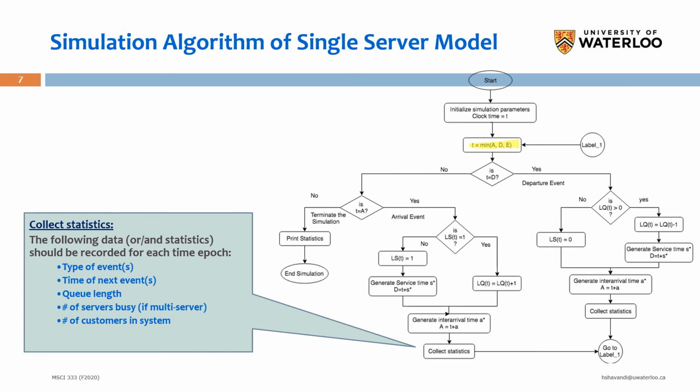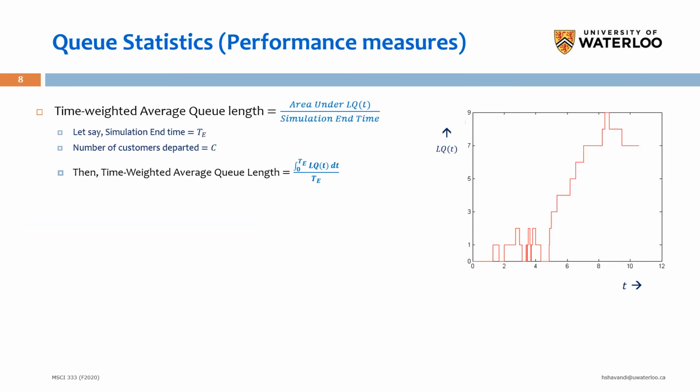If it's a departure, we go to this branch, which is the flowchart for departure, and if not, we go to this branch, which is the flowchart for arrival. For collecting statistics, we usually collect the type of event and time of the next event, queue length, number of servers busy if it's a multiple server model, and number of customers in the system or line.